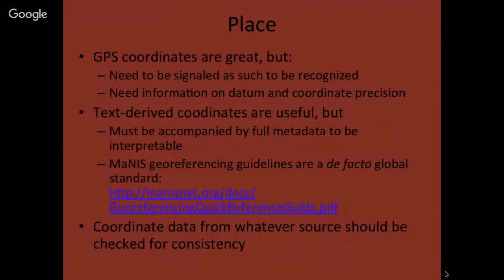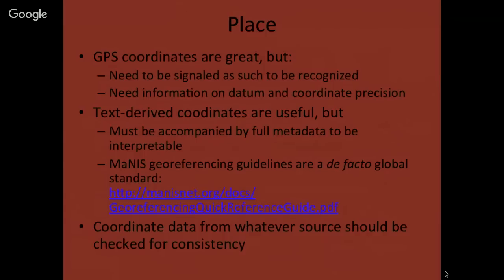For place, yes, GPS coordinates are great, but they're not enough. GPS coordinates need to be flagged as having been collected with a GPS unit. Otherwise, we might miss the fact that they are GPS-quality coordinates. We also need information on the datum and the precision of the coordinates for them to be fully useful.